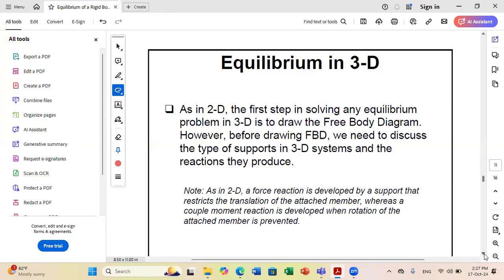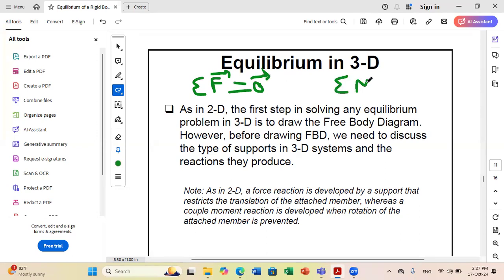In 3D, we'll have six equations because in 3D, the vectorial relation, sum of forces equals 0, will give us three relations: sum of x equals 0, sum of y equals 0, and sum of z equals 0. The same for sum of moment.